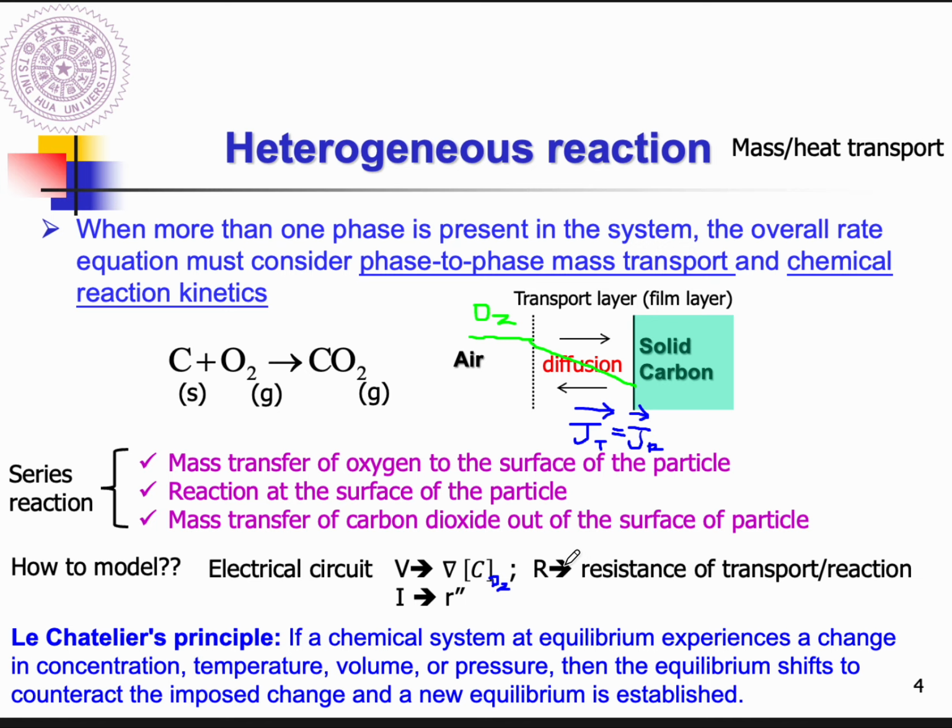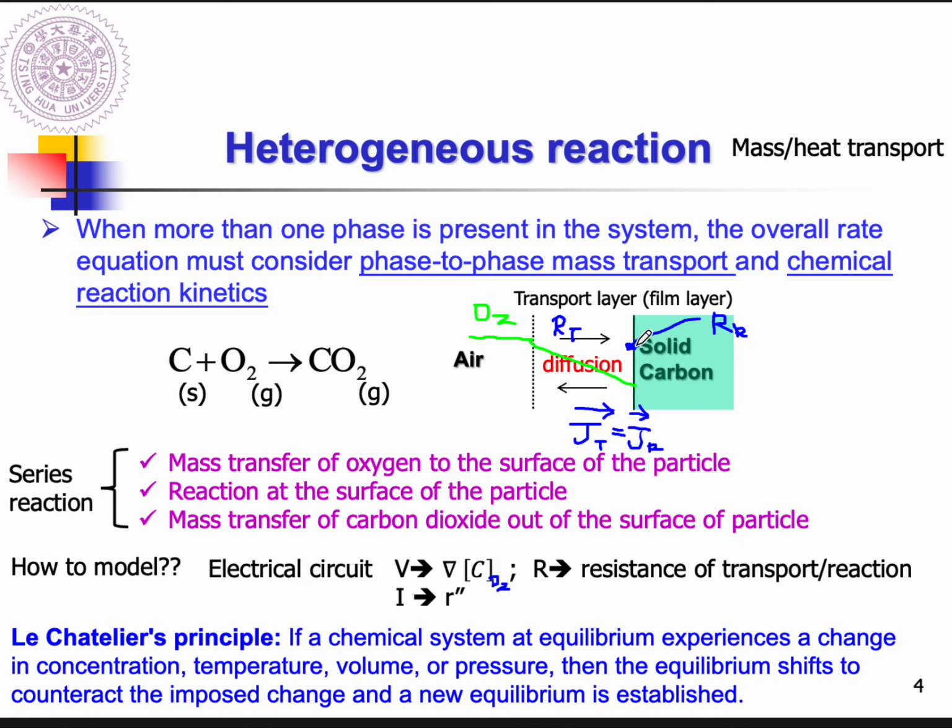And regarding the resistance, because we have 2 processes, transport and also reaction, we use RT to represent the transport resistance, to quantitatively describe how fast this transport is. And we also use RR, the reaction resistance, to represent how fast this chemical reaction is.